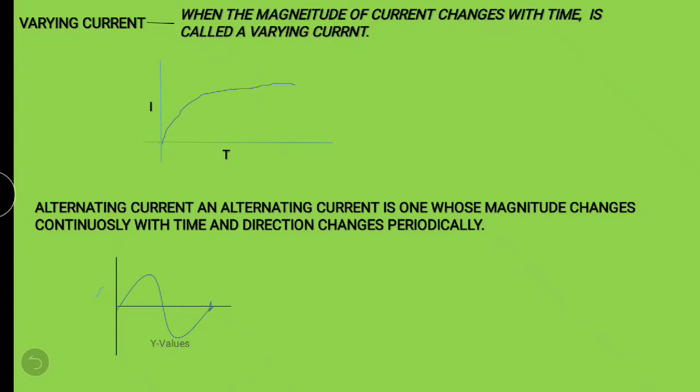Suppose in a wire, current is flowing and it changes its value after a definite interval of time, then the current is said to be alternating current.